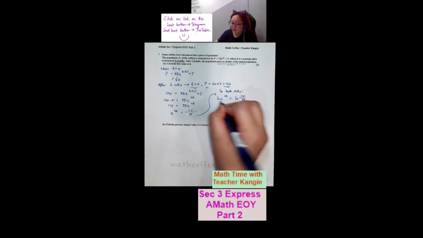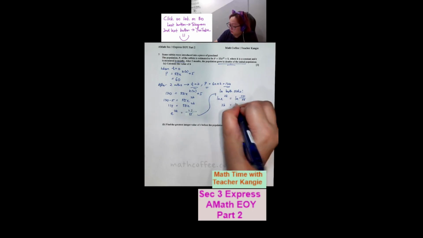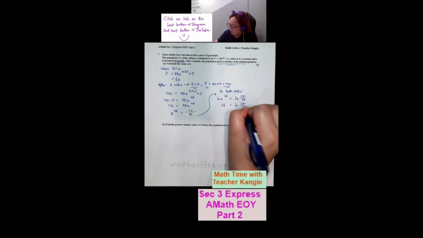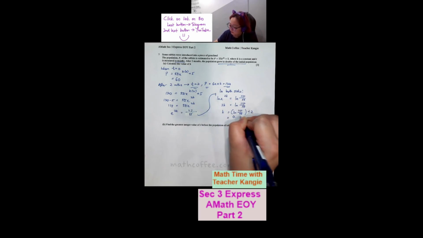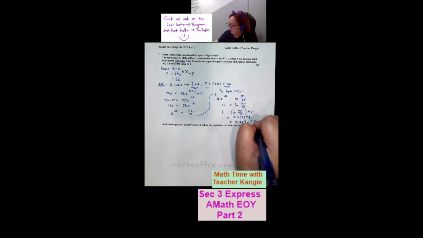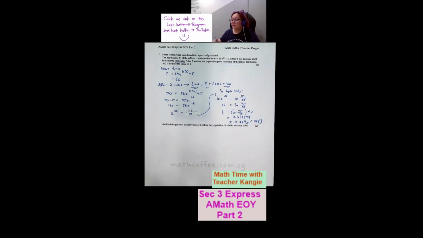Ln e disappears because it's 1. So it's ln of 115 over 55. So k will be ln of 115 over 55 divided by 2, and that will give us 0.368799. Rounded to 3 significant figures, 0.369. And we are done. So this is a 3 marks question.